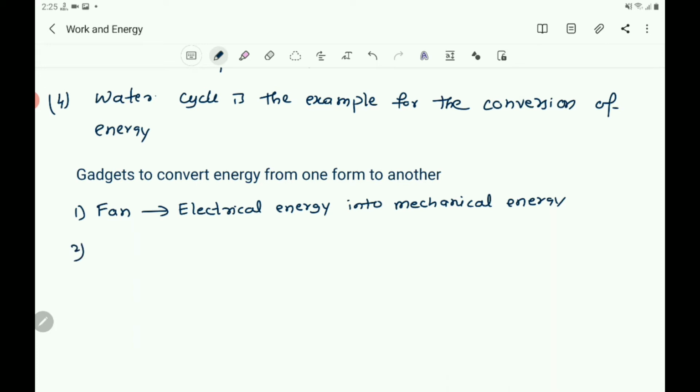Similarly, here, dynamo. Dynamo converts mechanical energy into electrical energy. So here you can write converts mechanical energy into electrical energy.